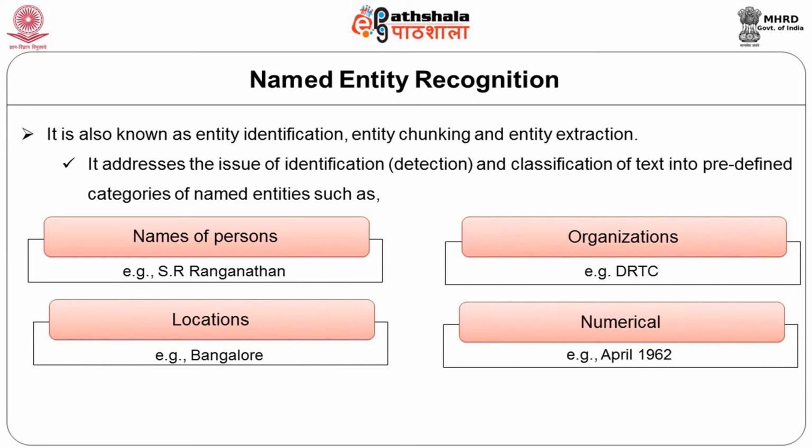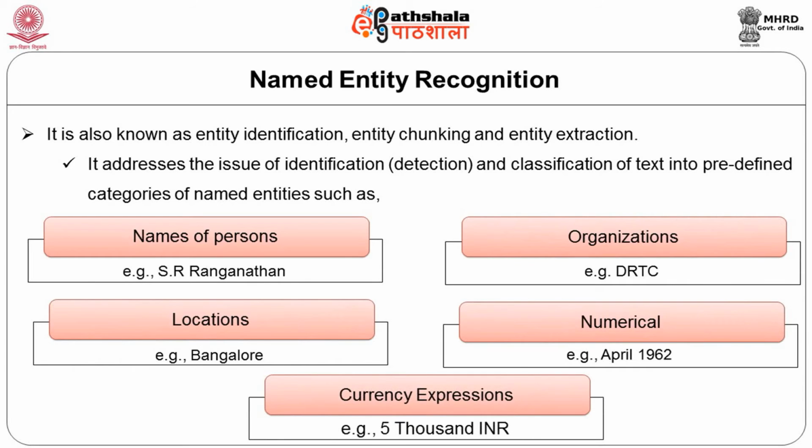Here it refers to a year which is a numerical entity, 1962, but April is non-numerical, it is letters, but it recognizes this as a month, April, belonging to the year 1962. So, it has both a combination of numerical as well as alphabetic characters.